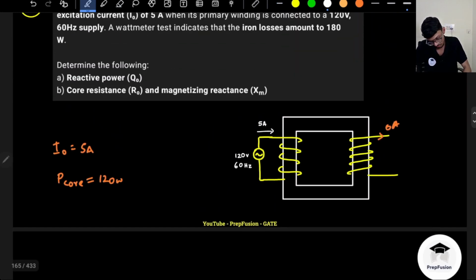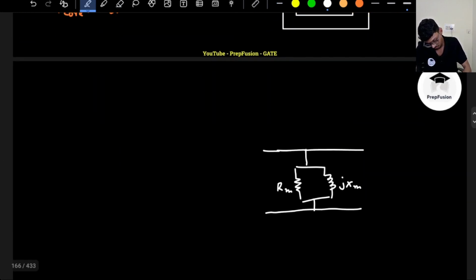This will be my V1 basically, and this will be my E1, the induced EMF.